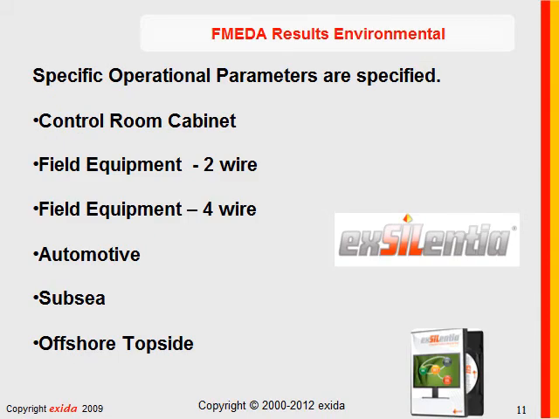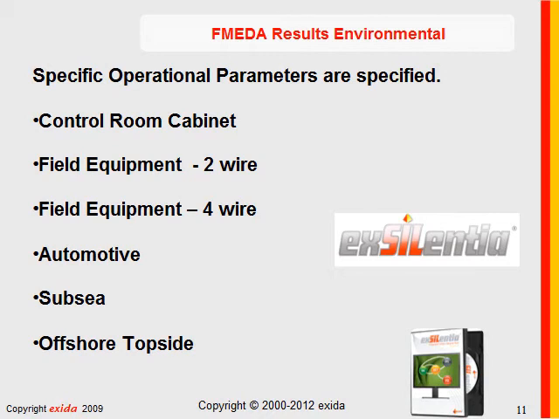FMEDA results need to be done as a function of operating environment. Therefore, the component database has to be calibrated for a number of different operating environments. Currently at exida, we have 6 different operating environments: cabinet, control rooms, field equipment with both 2-wire and 4-wire operation.